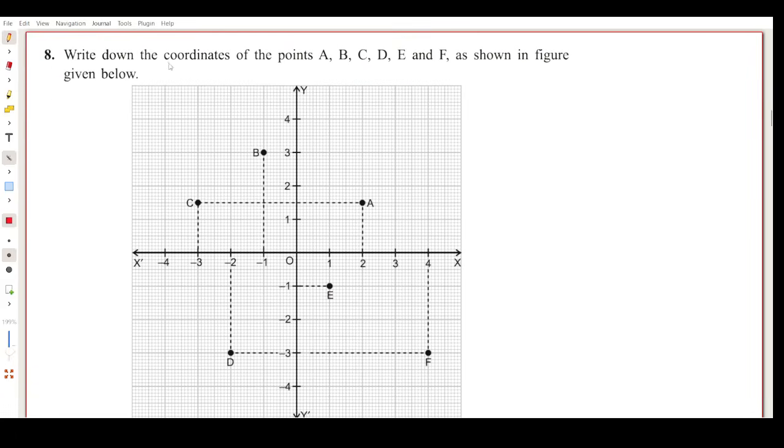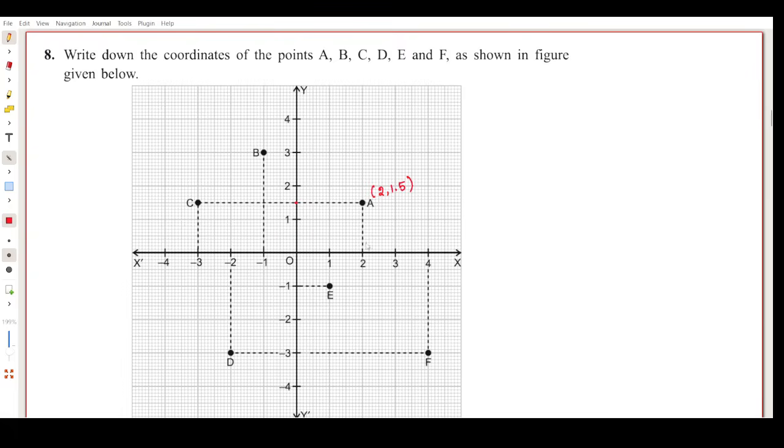Eighth one, write down the coordinates of the points A, B, C, D, E, F as shown in the figure. So A point, 2 comma, this point is between 1 and 2, that means you can write 1.5, correct? The point is 2 comma 1.5.